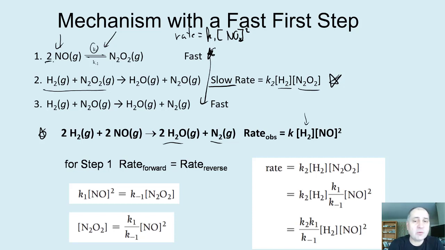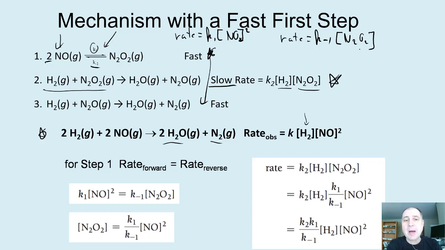I'm just using the coefficient here. And then you have a reverse reaction, which has a rate equal to K minus 1, shown here, times the concentration of N2O2. So those are 2 independent rates.